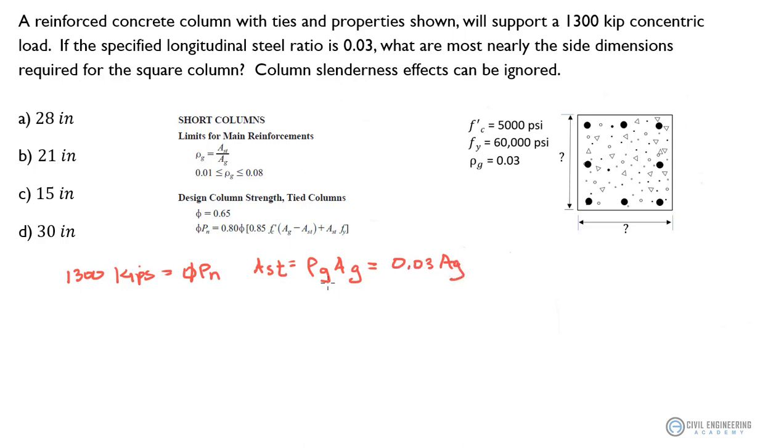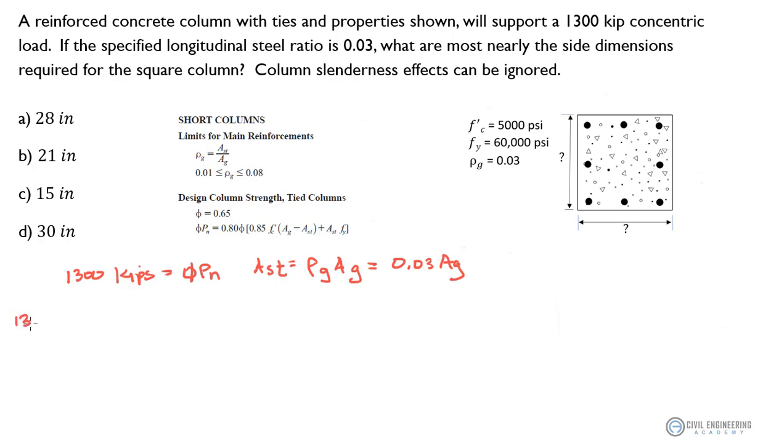Now, if we substitute into our strength equation everywhere that has an A sub ST with 0.03 AG, we will have defined the strength equation in terms of just AG, or the cross-sectional area of the column. And if we solve for that, we can get at these dimensions since the column's square. So let's set that up.